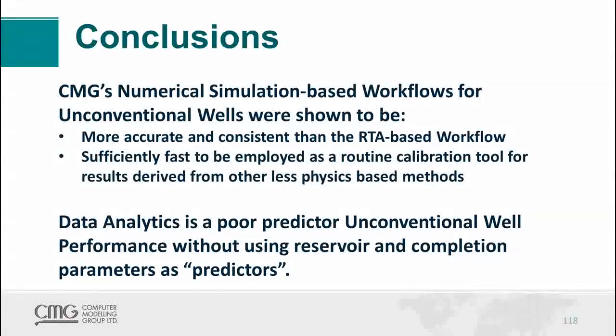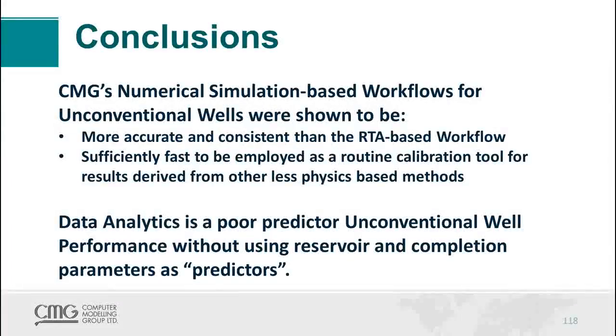A couple of conclusions from the RTA versus CMG numerical workflow portion of the webinar. I think the CMG numerical solution-based workflow for unconventional wells was shown to be more accurate and consistent than the RTA-based workflow, and that it's sufficiently fast to be employed as a routine calibration tool for the results derived from other less physics-based methods like RTA and certainly decline curve analysis.